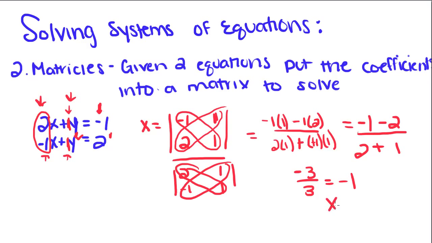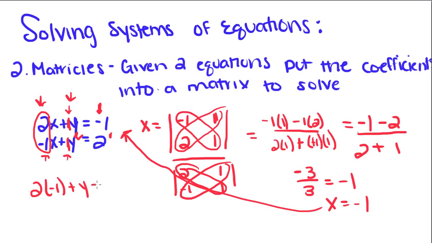And then we're just going to plug this x into this equation. So 2 times negative 1 plus y equals negative 1. Negative 2 plus y equals negative 1. Add the 2 over, you get y is equal to 1.